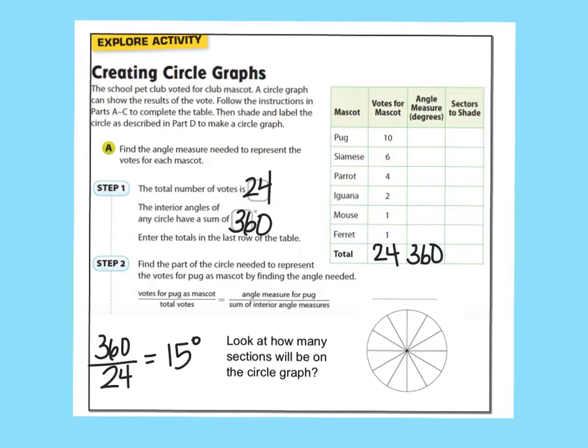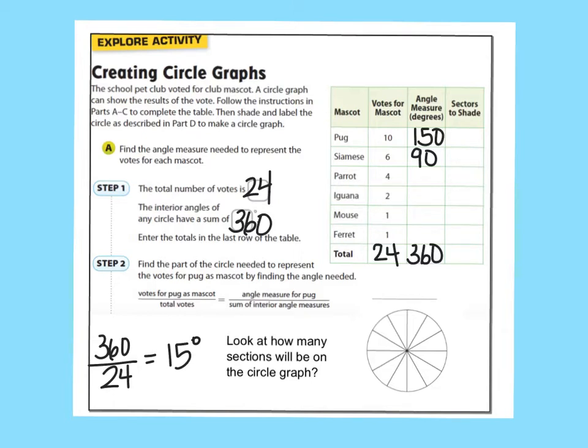Once I know that, I can go up here and say, the angle measure for a pug, well, there were 10 votes. Each vote equals 15 degrees. So the angle measure for a pug would be 150. Siamese, there were 6 votes. Again, each vote equals 15 degrees, so that would be 90 degrees on my circle graph.